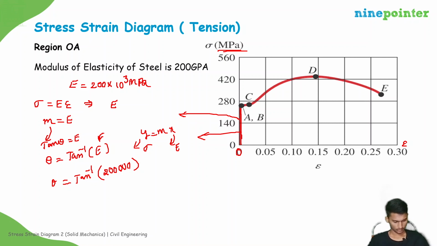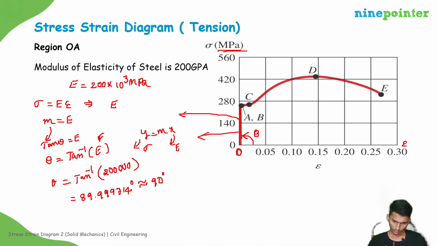The value of theta is 89.99714 degrees, that is nearly 90 degrees. So it is nearly attaching to the y-axis.